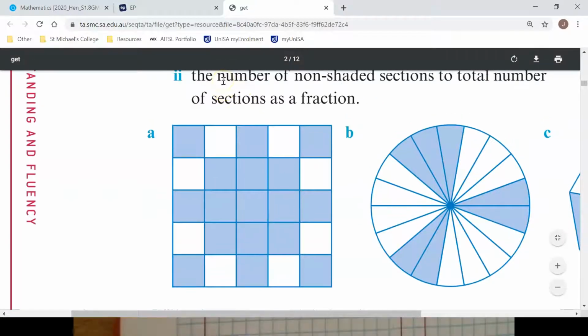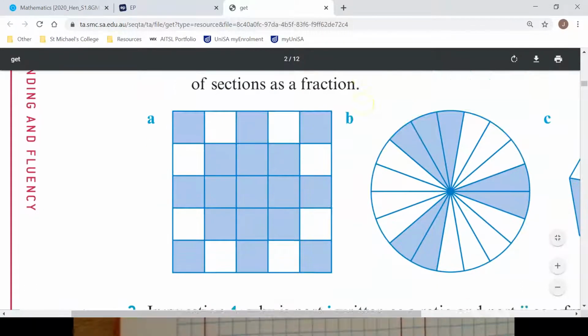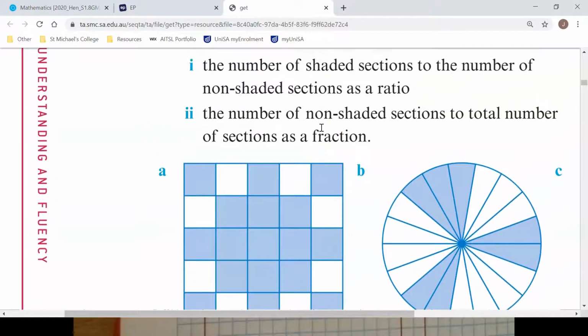Then part 2 asks to write the number of non-shaded sections to the total number of sections as a fraction. Can you see the difference compared to what part 1 said? Part 1 said the number of shaded to number of non-shaded, whereas part 2 says the number of non-shaded sections to the total number of sections.